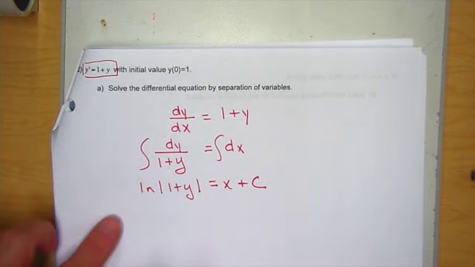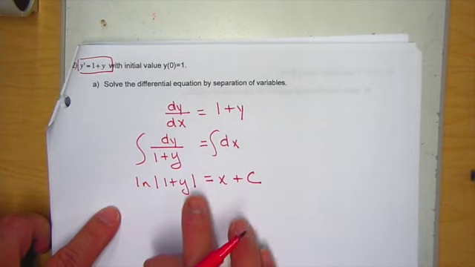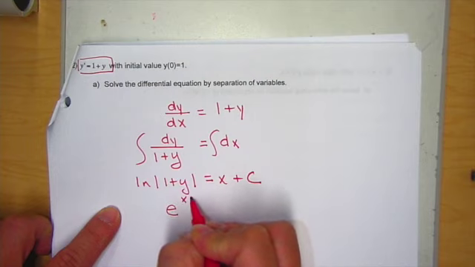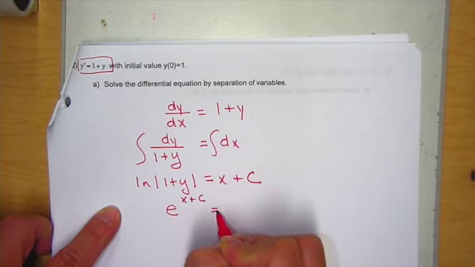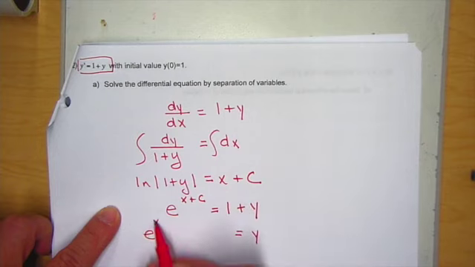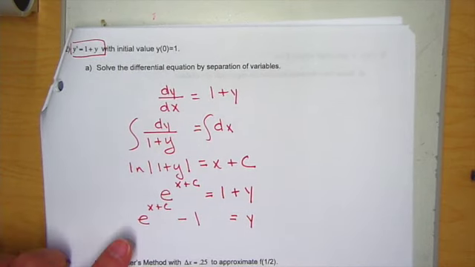Okay, we're going to rewrite the log as an exponential because you do have to solve for y. So this is e to the x plus c is equal to 1 plus y. Solve for y: y equals e to the x plus c, minus 1. Now I'm going to show you one other simplifying technique.